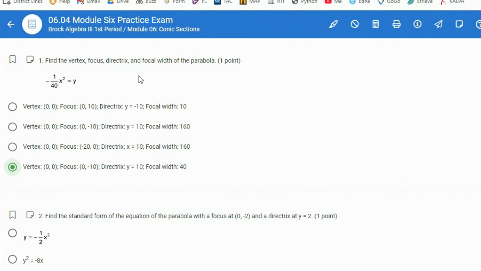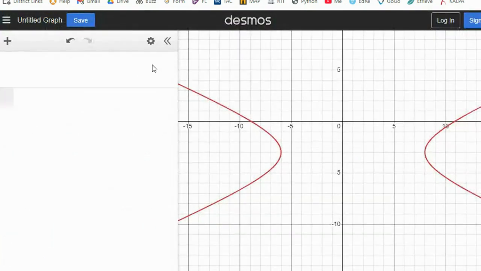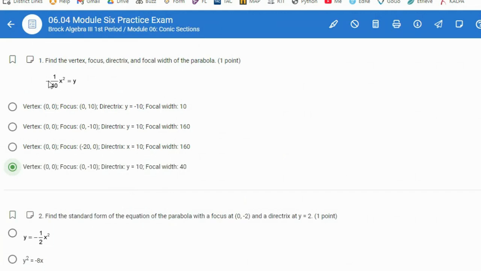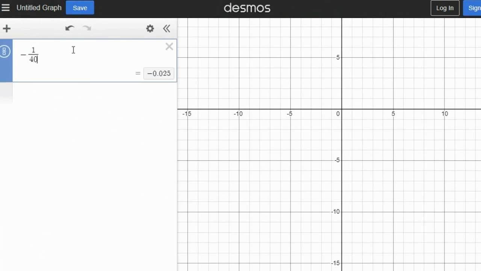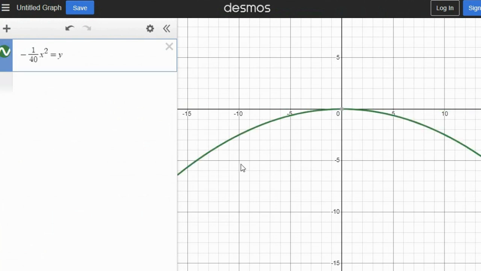And let's see. I'm going to go ahead and graph this again because I just want to double check my work. So I'm going to graph it exactly like it's written right there. -1/40 x squared equals y.